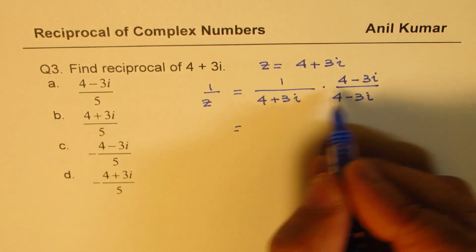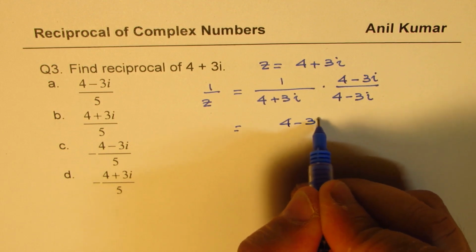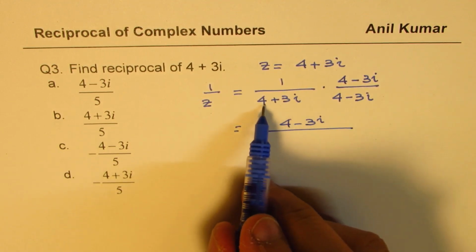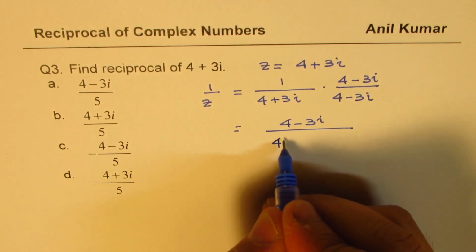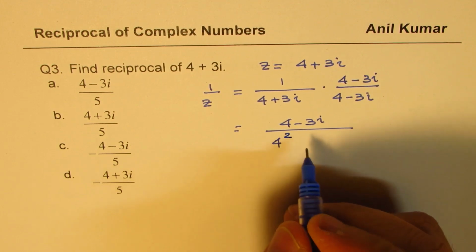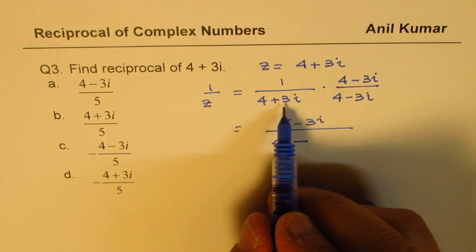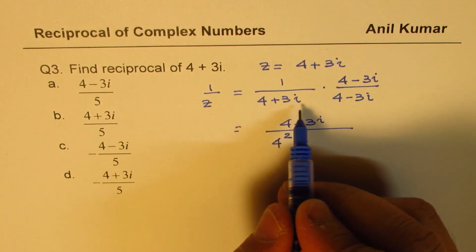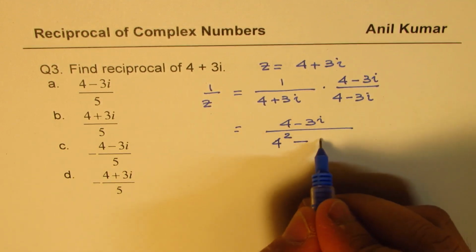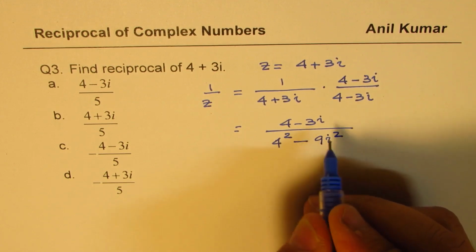So when you multiply, you get 4 minus 3i in the numerator. The denominator will be a square minus b square, which is 4 square minus 9i square, right? So that is it.